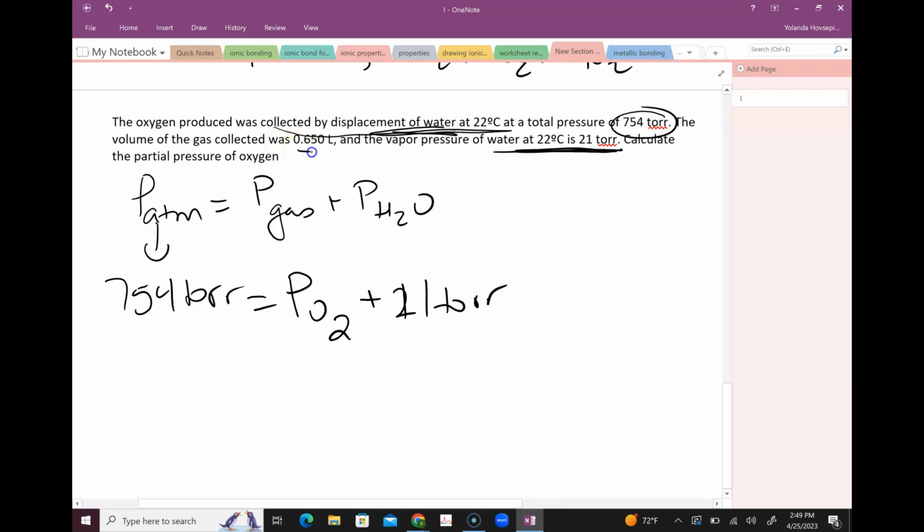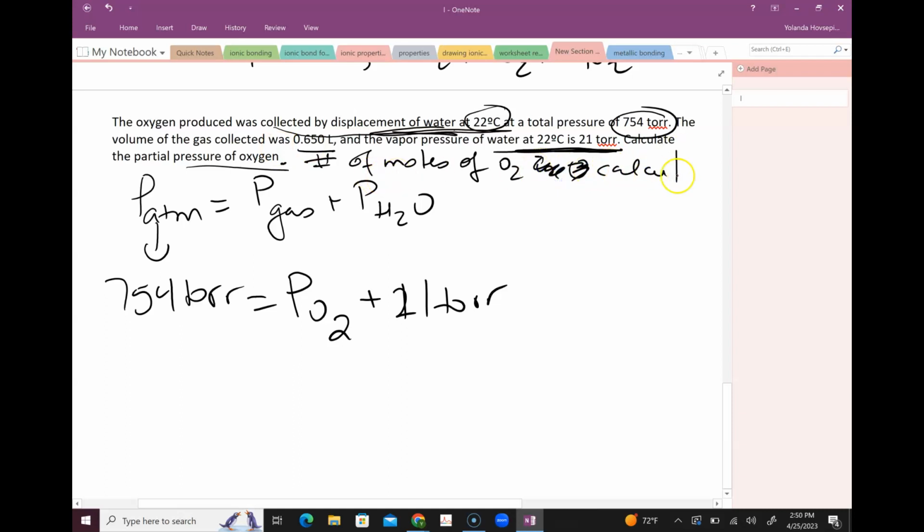The volume is given to you, and we want to know the oxygen. Okay, so we also have temperature. And here, since this was a stoichiometry problem, but I haven't added stoichiometry yet, I'm also going to tell you that the number of moles of oxygen is also what you need to calculate after.